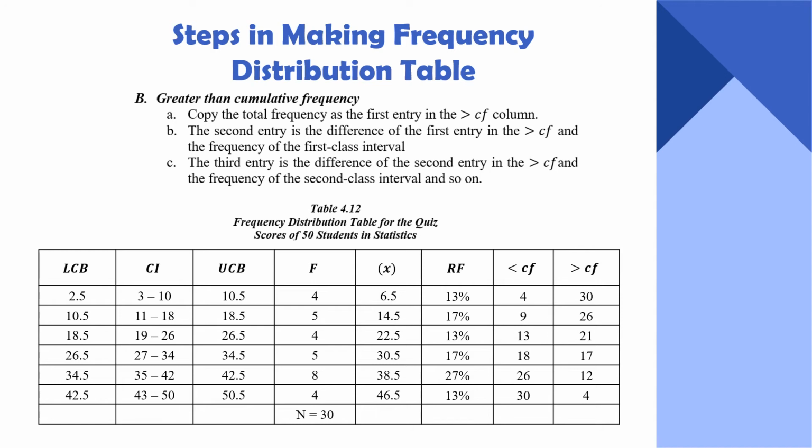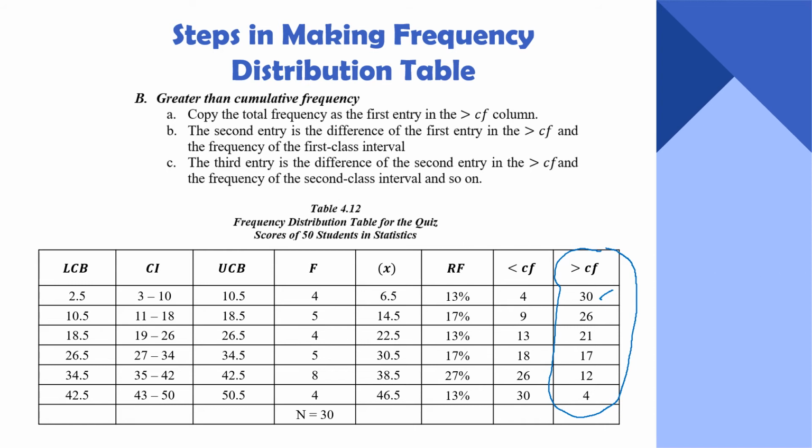Since the total frequency is 30, so ang first entry natin is 30. So, ito po yung column na pagbabasihan natin for the greater than cumulative frequency. Next, to get the second entry, that is the difference of the first entry in the greater than cumulative frequency, so that's 30, and the frequency of the first class interval. Okay? So, that's 30 minus 4 kasi we have to get the difference. So, that's 26. So, yun yung second entry.